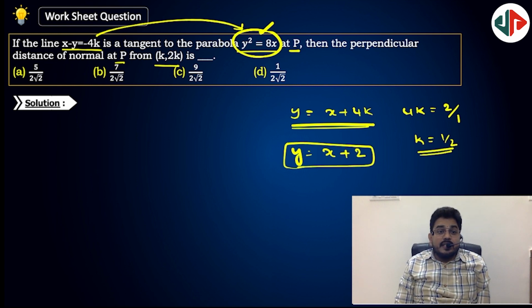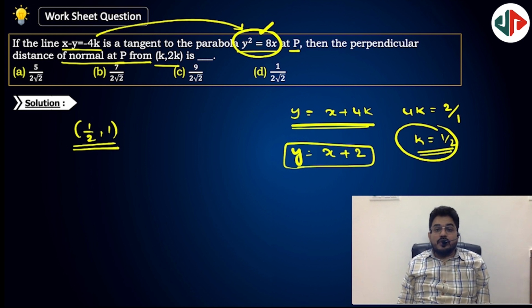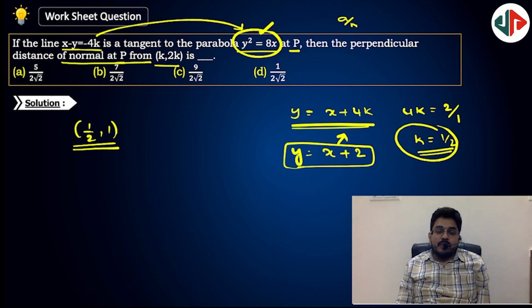Perpendicular distance of the normal at P. So what is k? k is equal to 1 by 2. So the point is actually (1 by 2, 1). I need the perpendicular distance from (1/2, 1) to a line perpendicular to this one. What is the point of contact? (a by m square, 2a by m).